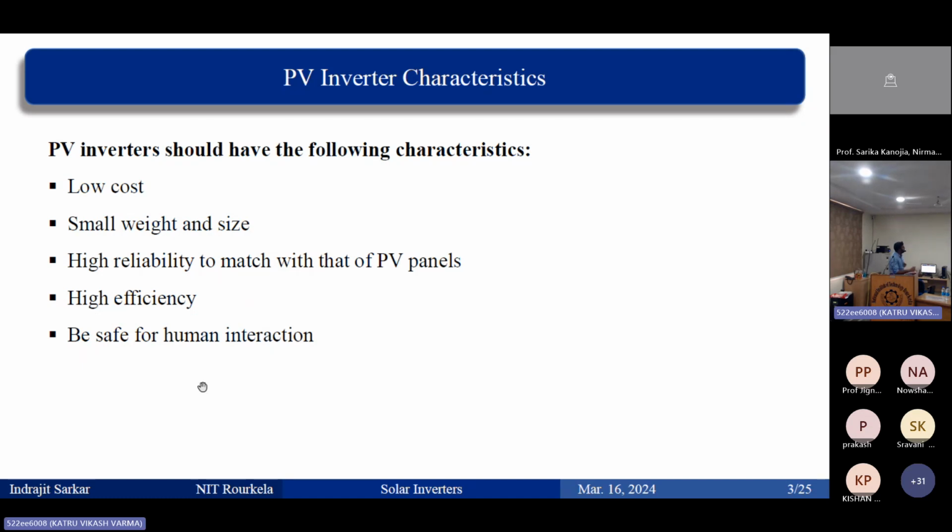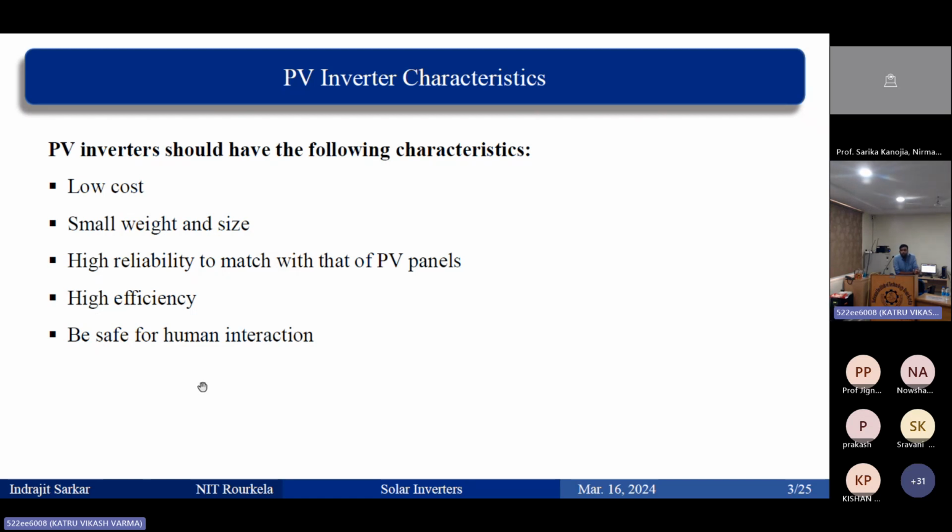So when it is a solar PV inverter, we need to think of these first three things. Then high efficiency. High efficiency has an indirect effect on price. If a customer is going to buy a product, let's say I am giving a product at 96% efficiency, and somebody else is giving the same product at 98% efficiency.